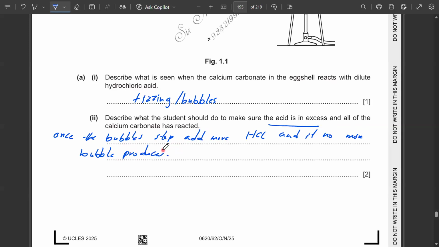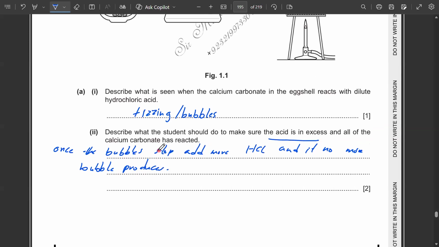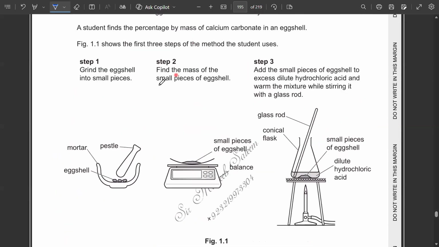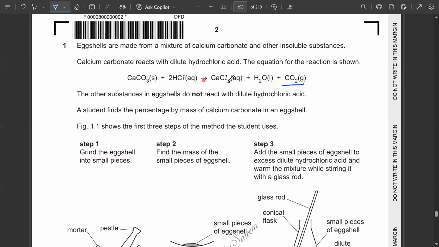The other way is that, since the reaction between the calcium carbonate and acid also produces a salt, and this is also a salt, they have some sort of basic property as well. They are slightly basic as well.